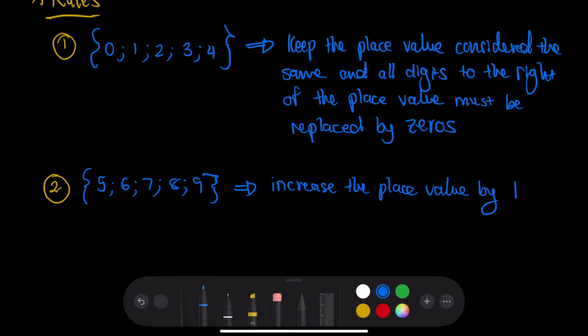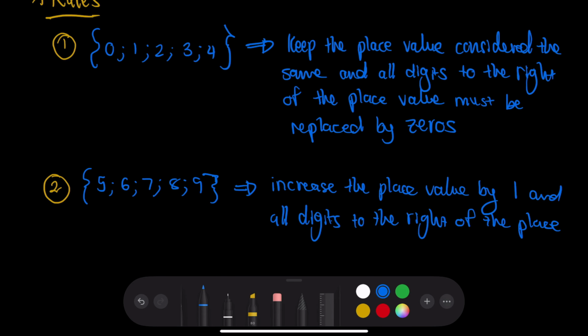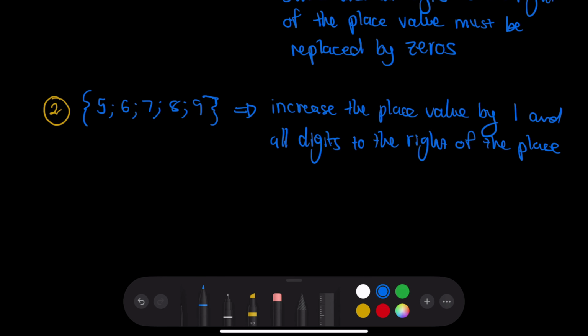So we need to plus 1, and once again, all digits to the right of the place value must be replaced by zeros. So what does this mean?